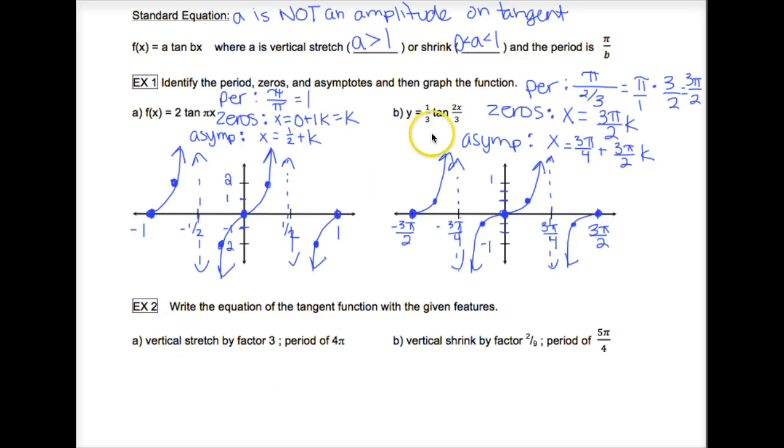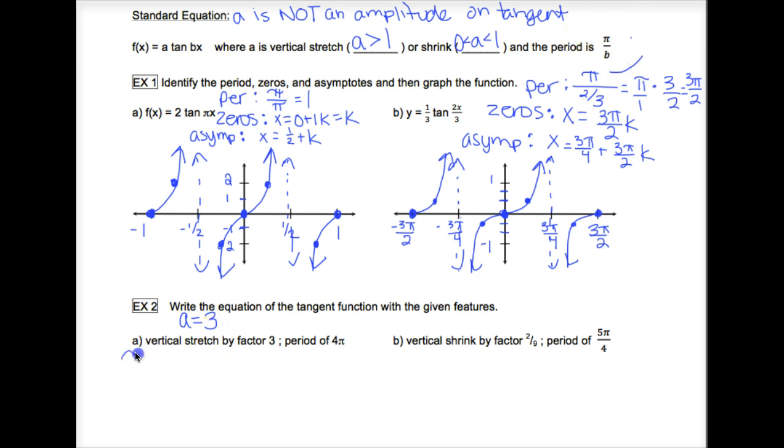Now, the graphs are more difficult on tangent than they are for sine and cosine. The example 2 part is not more difficult at all. It's the exact same, because all I need to write the equation is the value of A and the value of B. So vertical stretch, that's telling me that A is 3. So I know A is 3. So now I just need to solve for B. Again, make sure you're using the new formula for tangent and not the one for sine and cosine.